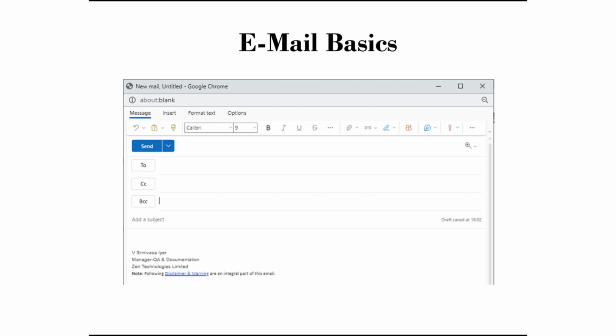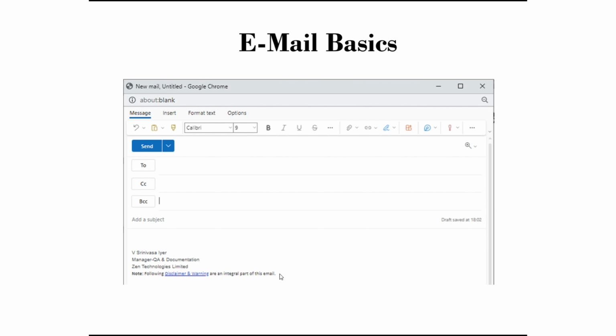If you try to include everything and anything inside the email, people will not have the patience to go through your email and reply, right? So it is always a good practice to keep the email concise, and in case you want to add more information, use attachments, right?